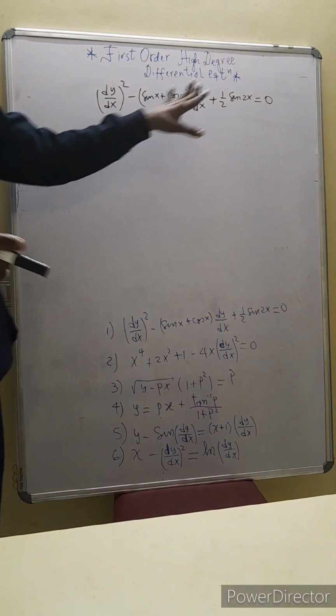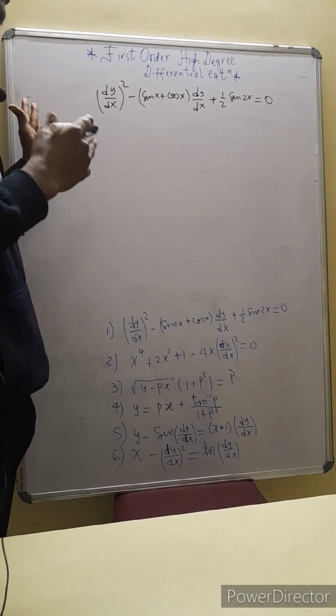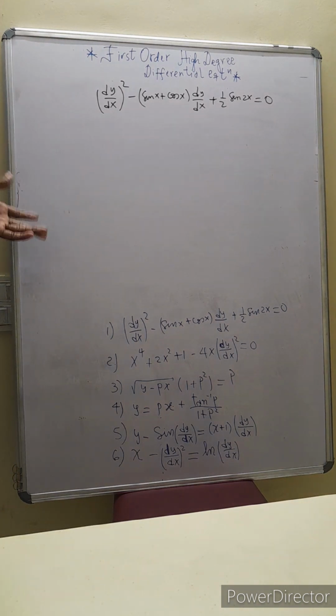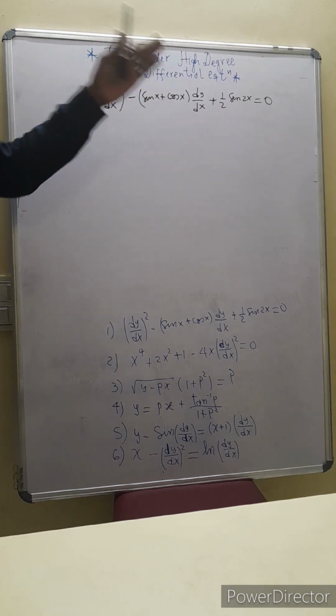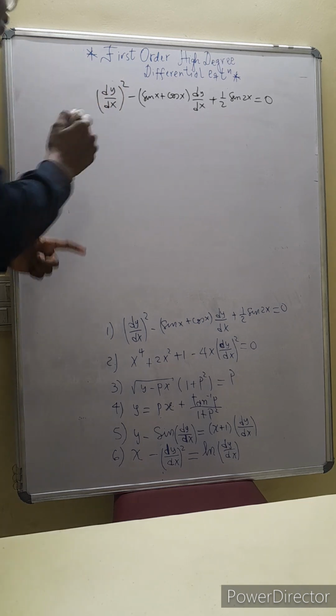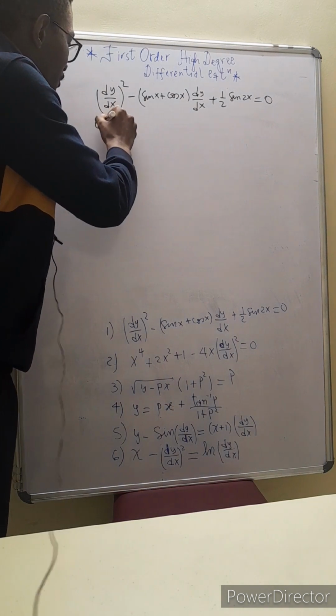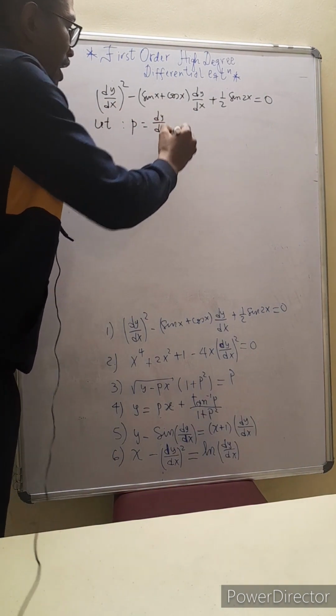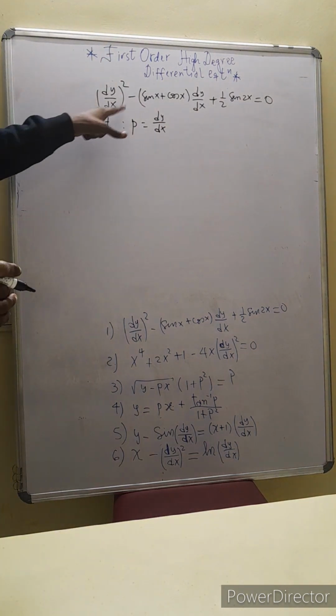How to solve this one? That's the point. First I have to check whether the equation is solvable for P or not. So the first thing we have to do is substitute your P there. What is P? P is dy by dx. Just let P be dy by dx and substitute it in this.